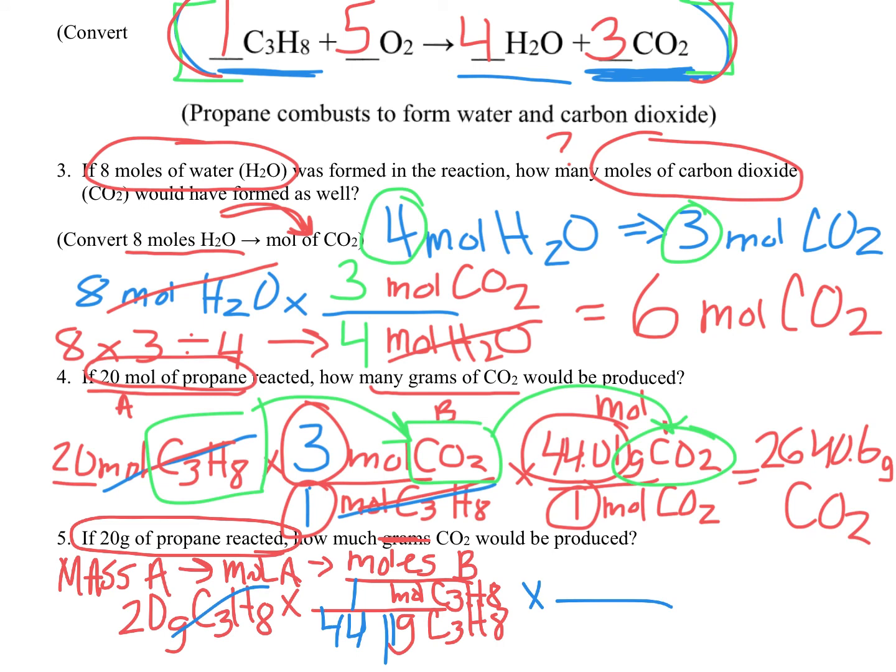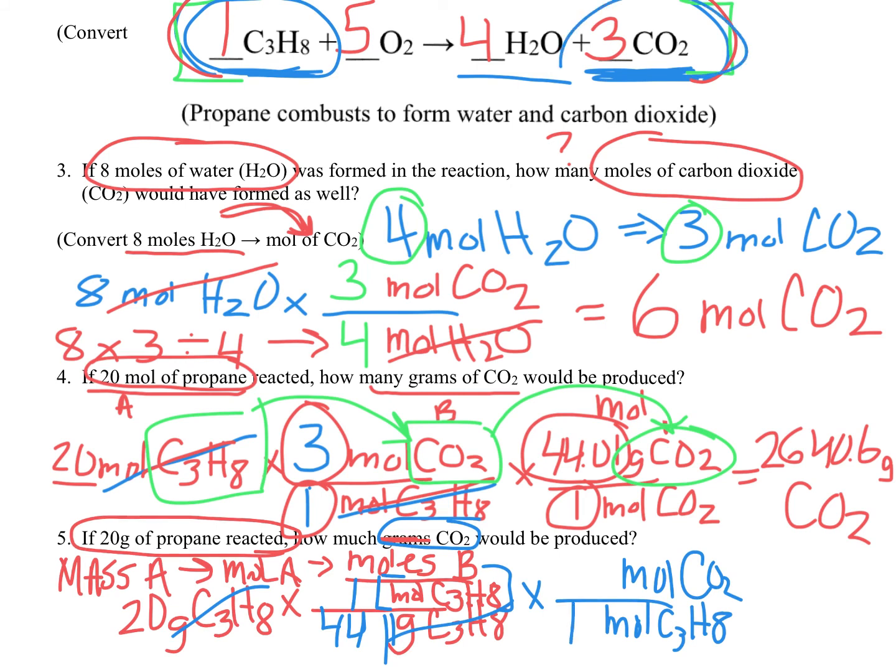Now that we did that, grams of C3H8 cancel. But now I'm left with moles of C3H8. Now that I have moles of C3H8, I want to get rid of that, so I'm going to cancel it out by putting C3H8 moles on the bottom. And I want to get to moles of CO2, so I'm going to put that on top. Now when you go mole to mole ratio, where do you go? Right to the balanced equation. So propane's moles is 1, carbon dioxide's moles is 3.